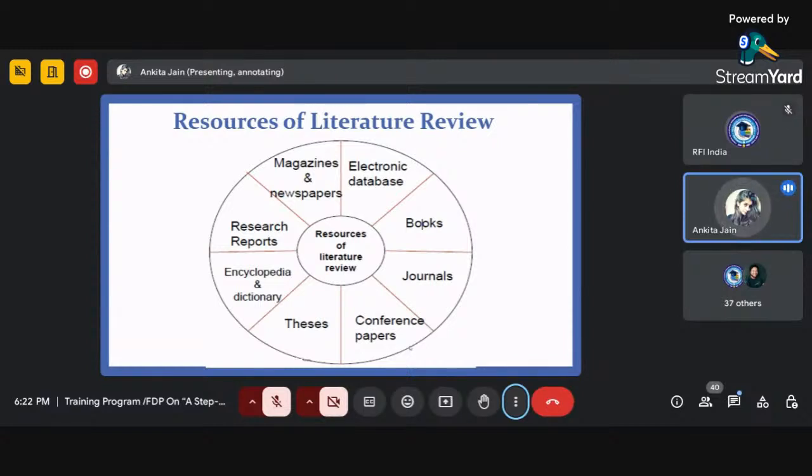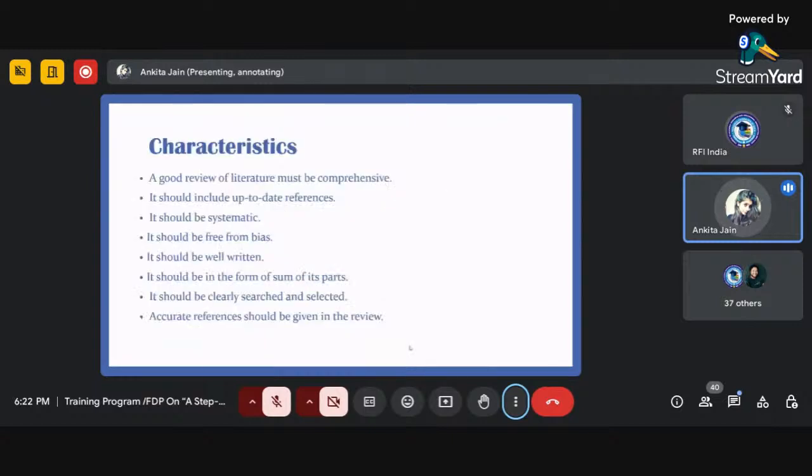I'm going to tell you. Apart from this, there are government websites which have reports, and the official websites of banks and companies, where you can get the data of all the companies, their reports, and other important information.